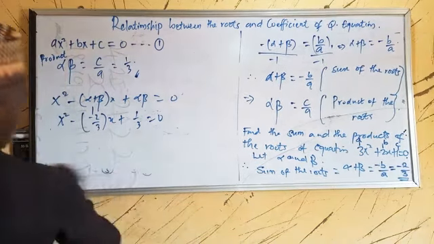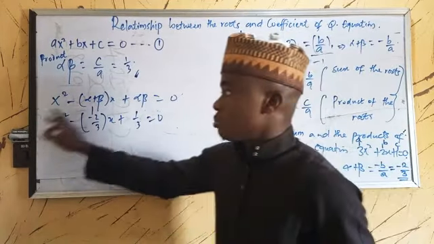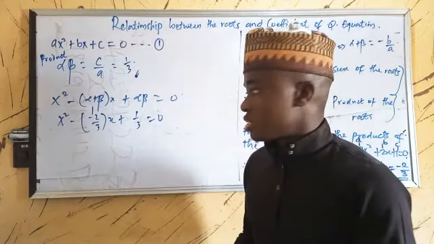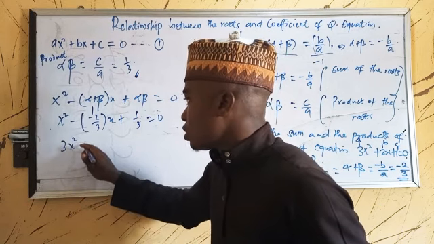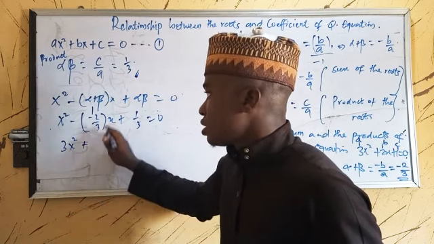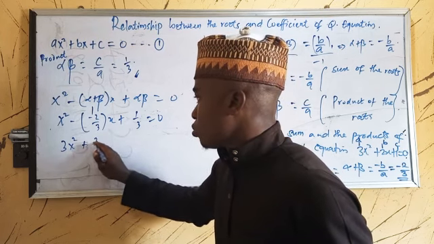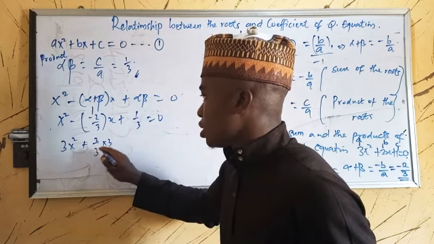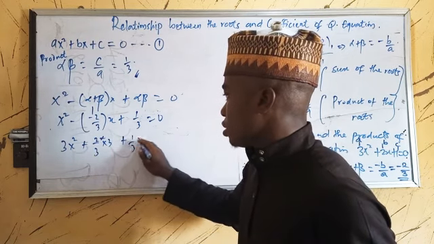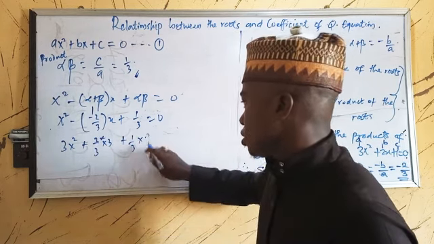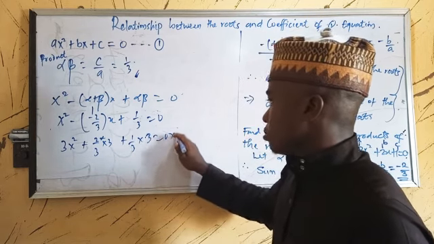Okay, let me quickly do it. To do this, we multiply through by the LCM, which is 3. We have 3x squared, plus 2 over 3 times 3, don't forget we have x here, plus 1 over 3 times 3, equals 0 times 3.